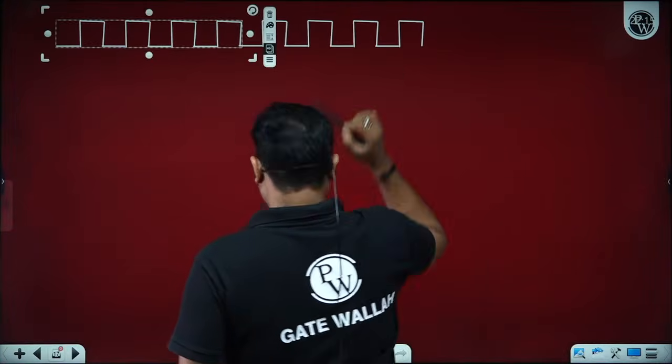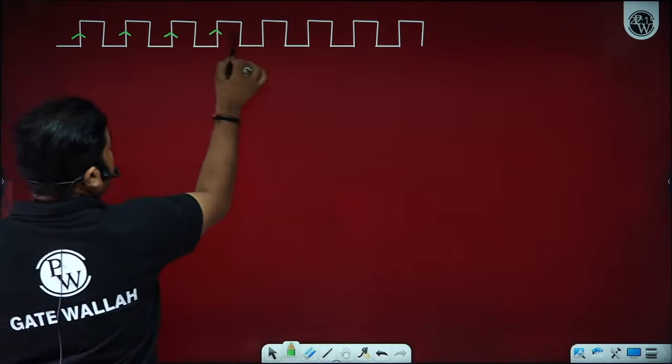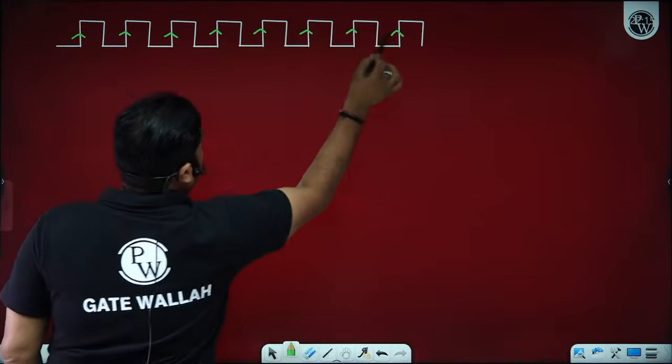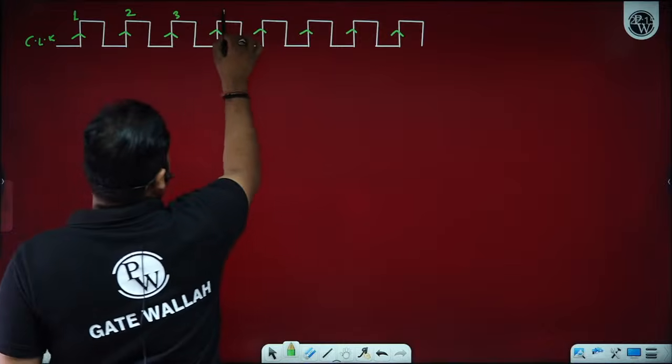So we are considering a positive edge triggered clock. Positive edge triggered means whenever the clock changes its level from 0 to 1. So these are the positions where the clock would appear onto the circuit.